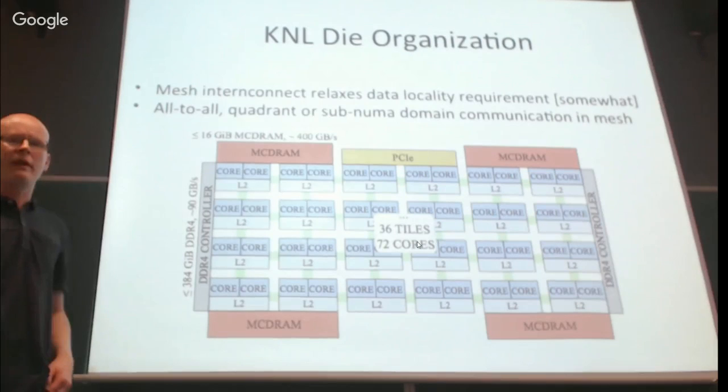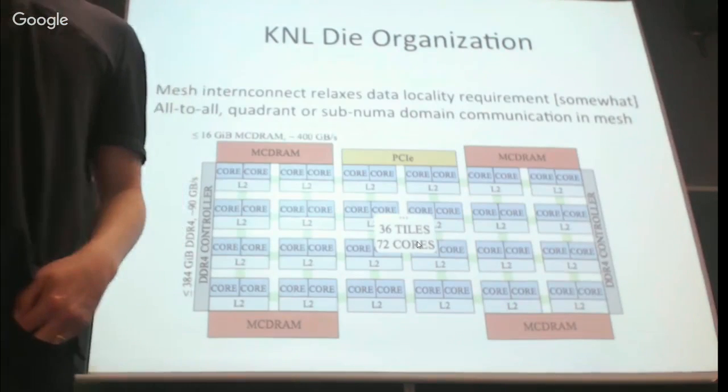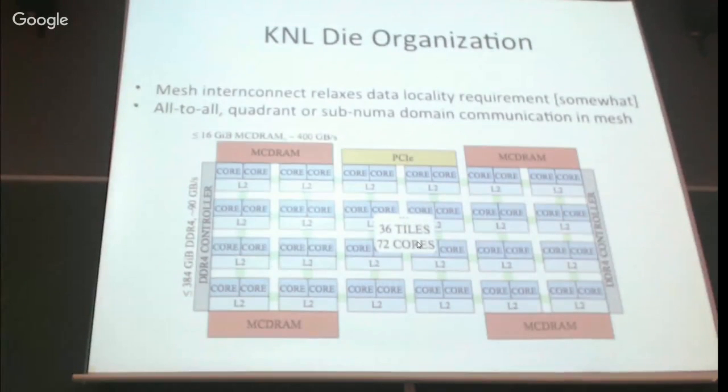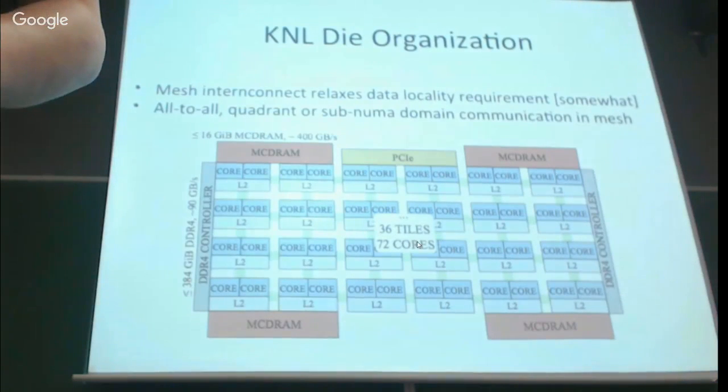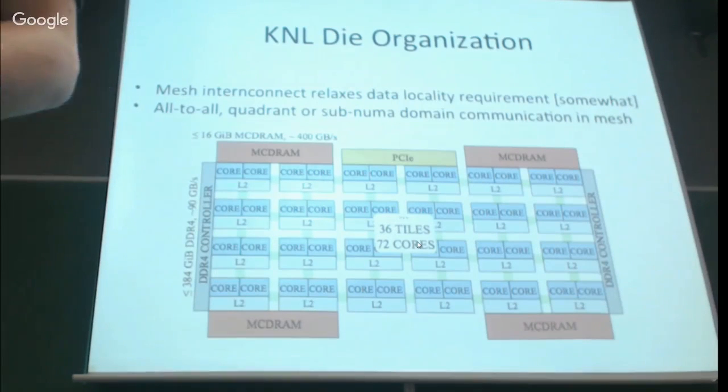Now, you remember what I said to you earlier on, in that you had to use at least 2 threads per core on the KNC to get effective performance. Well, on the KNL, Intel are saying at the moment that you don't need to do that as much as you did on the KNC. Okay? So they say you should be able to get good performance with just 1 thread per core on KNL.